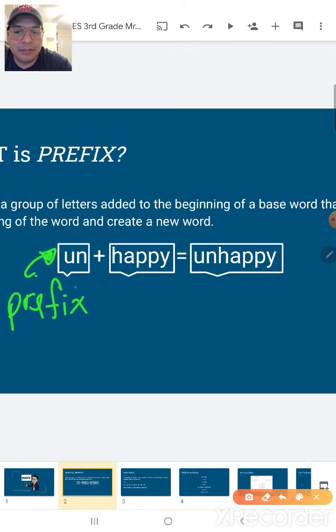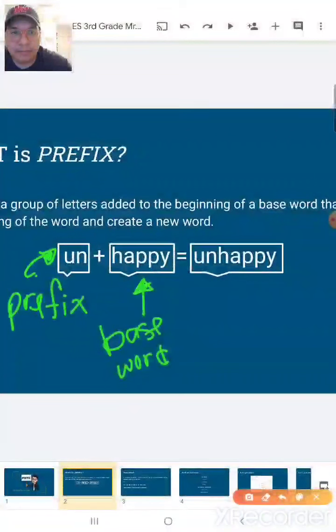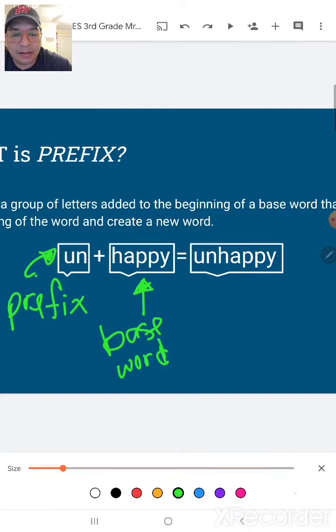Un is a prefix plus happy, which is a base word. Happy is our base word. And unhappy is the new word. Okay.